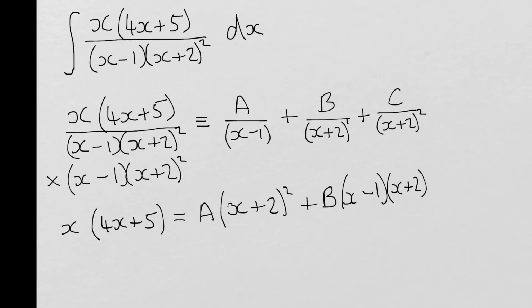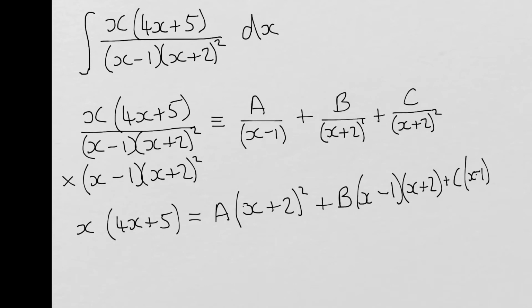And then we're going to have c, I'll just squeeze that in there, and that's going to be left with just that x minus 1, as it will cancel out with that x plus 2 squared. Okay, I'm just going to do a little bit of tidying up here, just to make it clear that that's what we multiplied through by and that it's not part of this fraction at all. Okay, moving on then, we need to solve for our values.